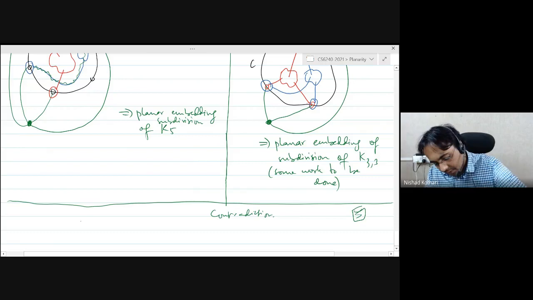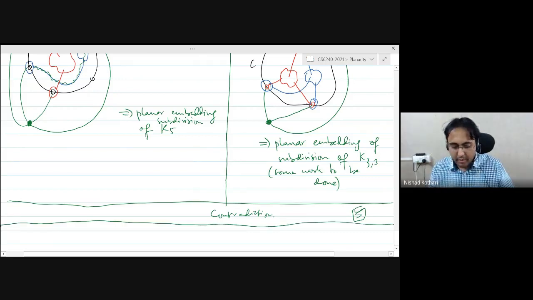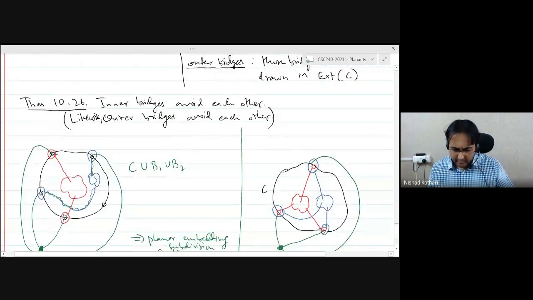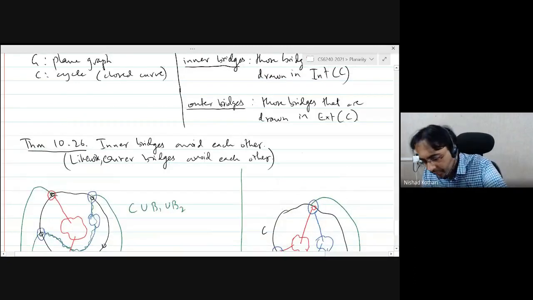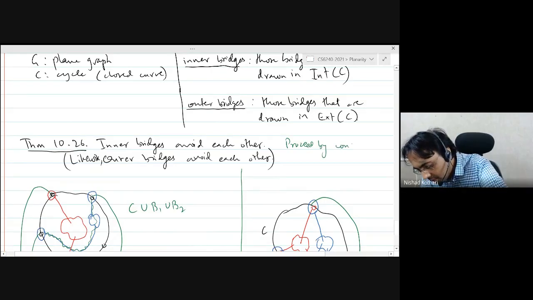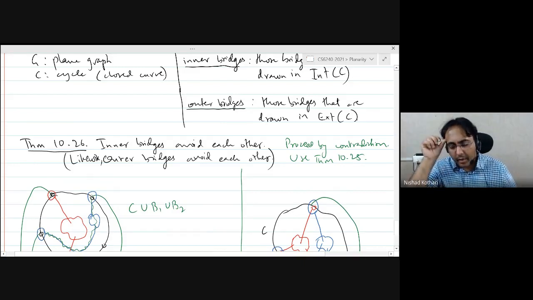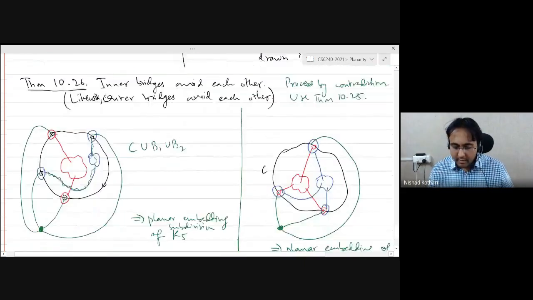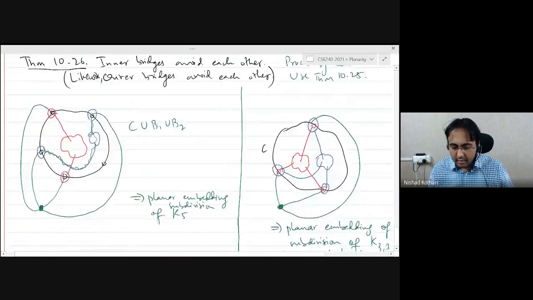Anyways, I don't want to go through the details, but I already gave you the idea behind proving this result. So proceed by contradiction, and use the previous theorem 10.25. Okay.